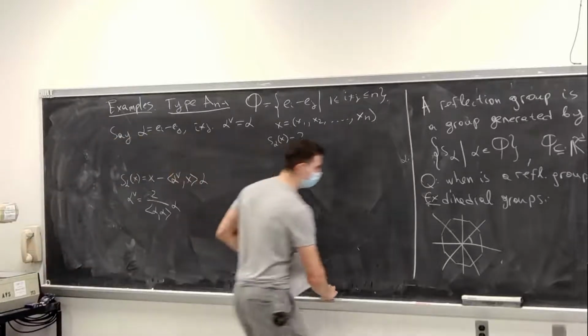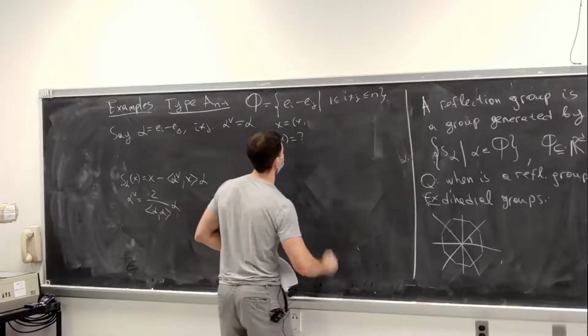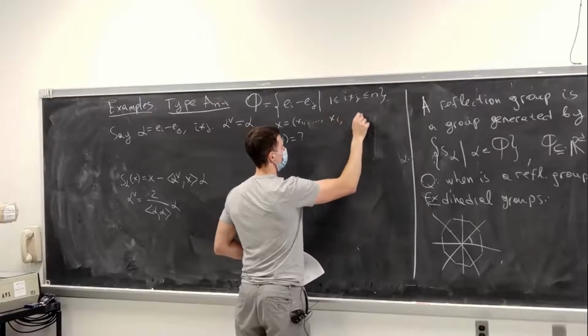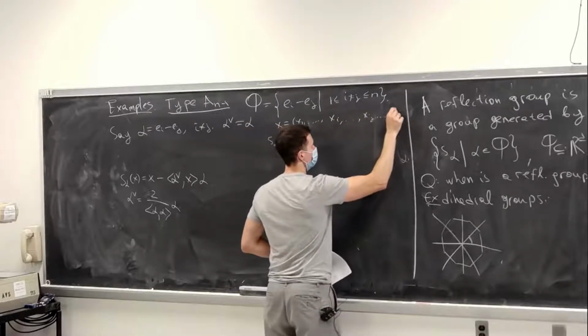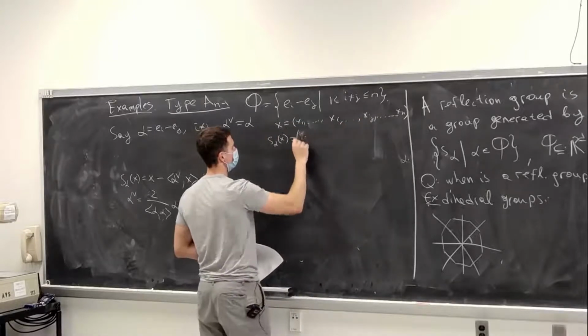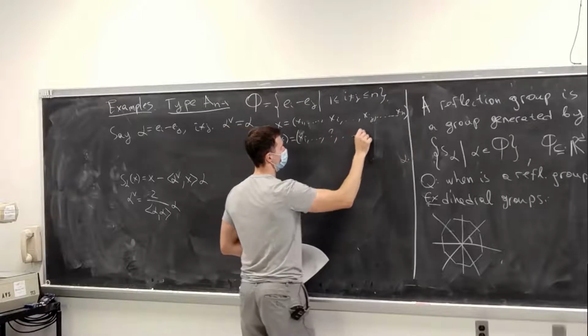Let me actually draw this here. So I have x1, x2, all the way up to xi, and then xj, and then xn. All of these coordinates are going to be the same, right? x1, then question mark, xn.